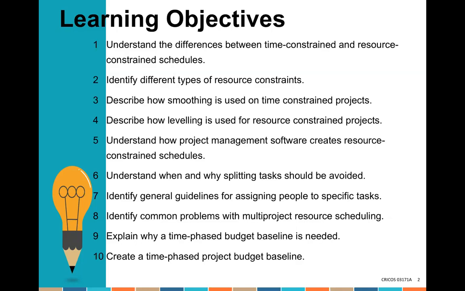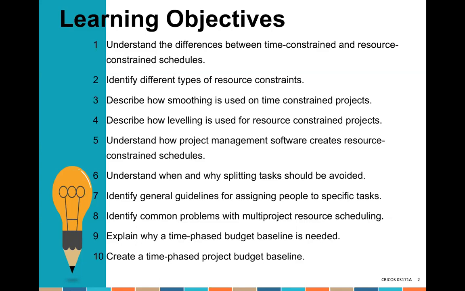Splitting tasks is where you start a task, stop it for a second, start another task, and then come back to start the first task again. So you stop and start, stop and start, and that really adds time to how long a task is going to take you.